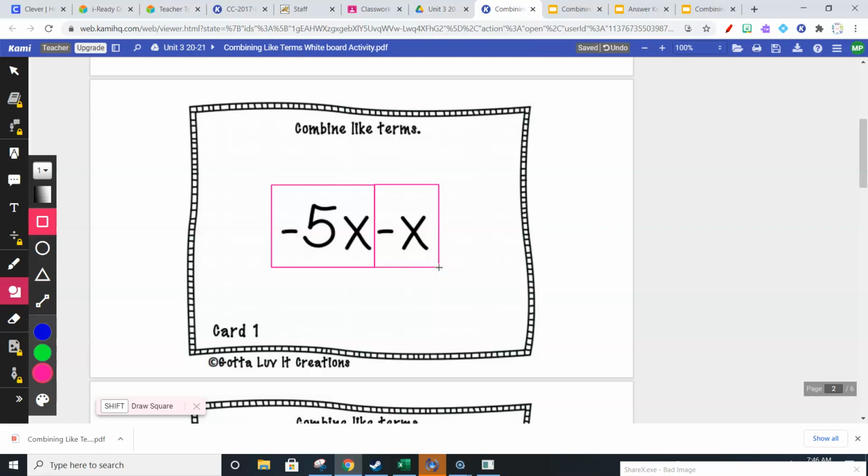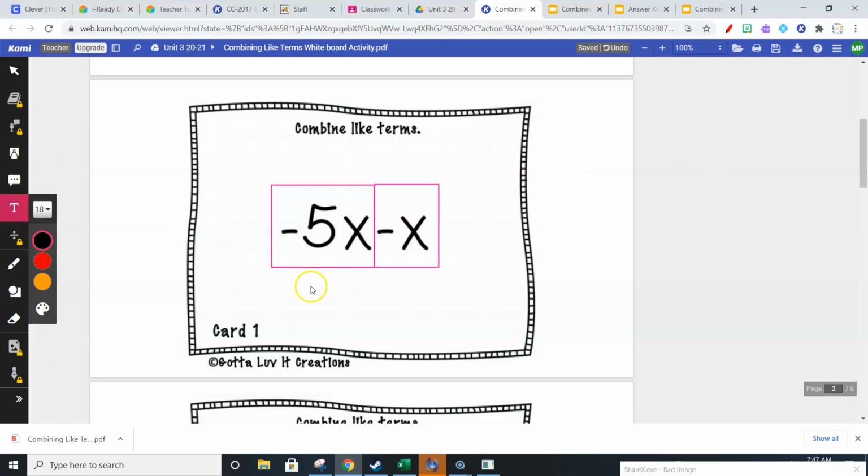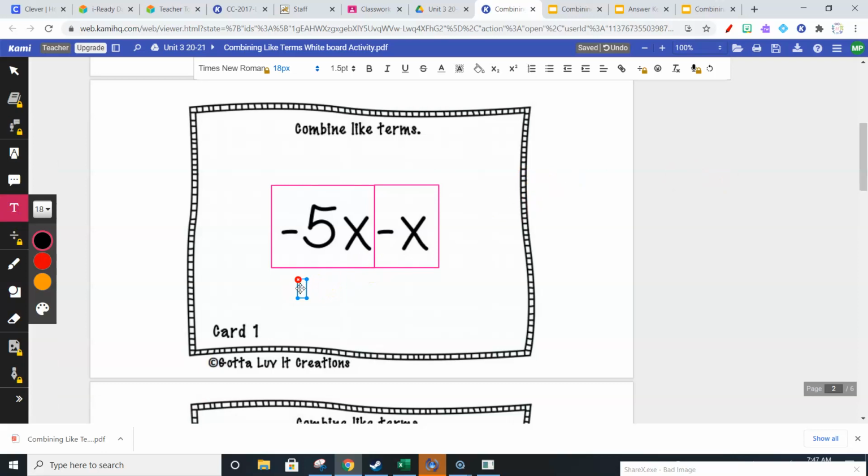So some of us, we had talked about the fact that negative 5x minus x is the same thing as, and you don't have to write this part, but we had gone over it in some of my classes, but not all of my classes. Okay, and we said that this would be negative 5x plus a negative x if we rewrote the subtraction as addition.